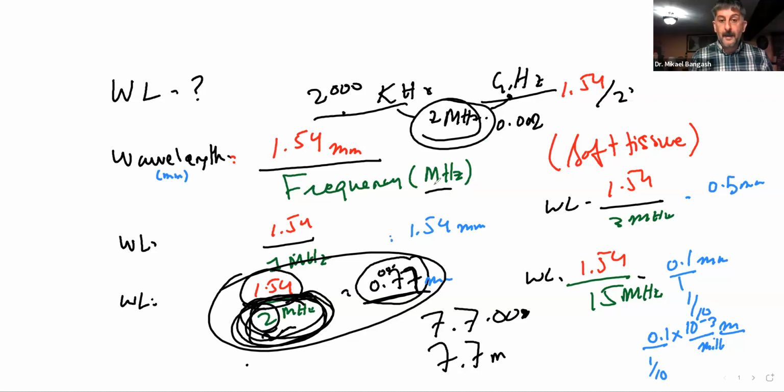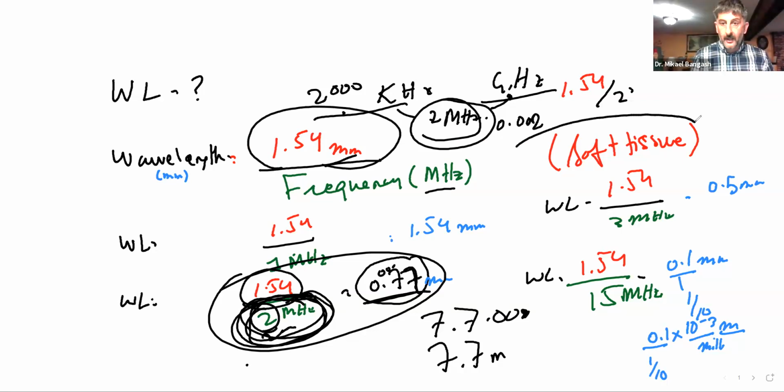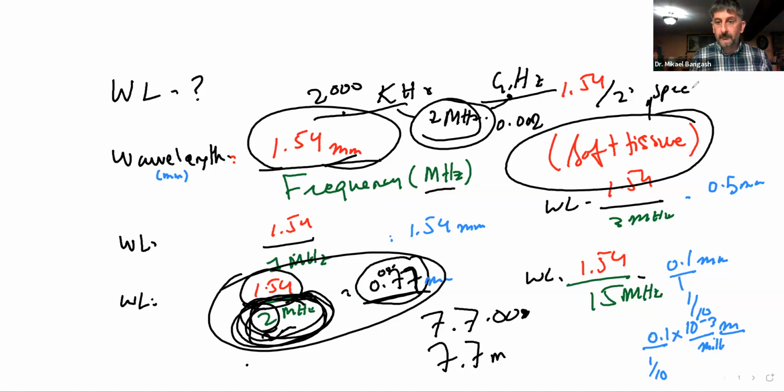Why megahertz? Why is this here millimeters? Because this value here, as I said yesterday, 1.54, is actually taken from the speed of sound in soft tissues.